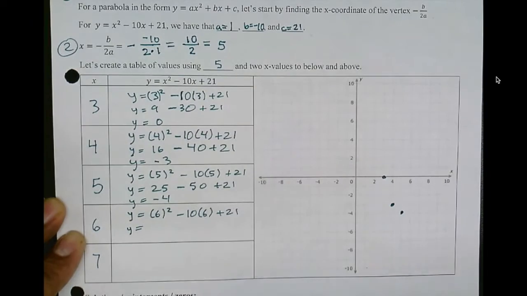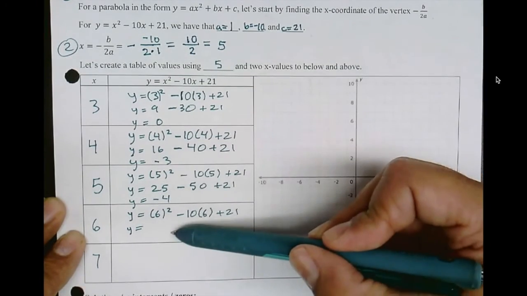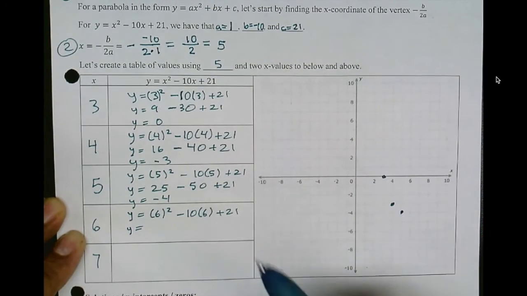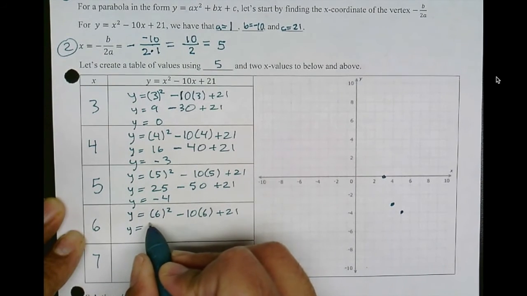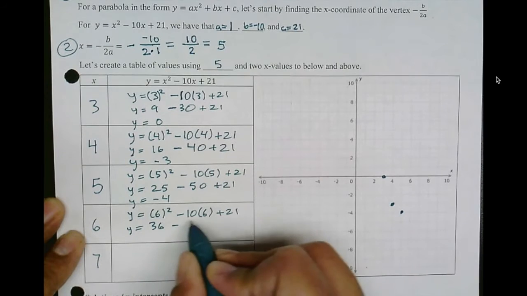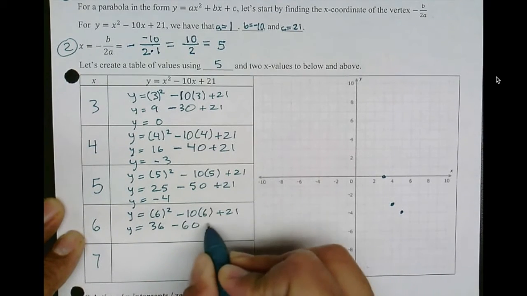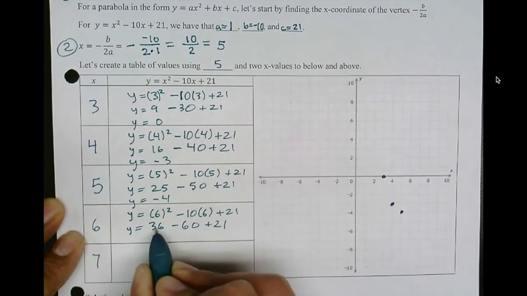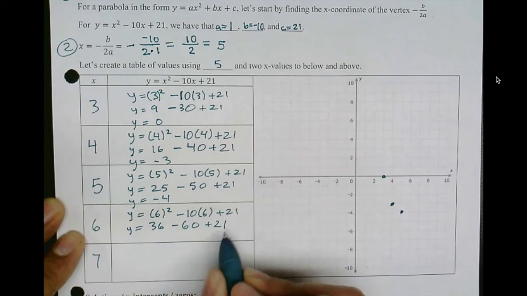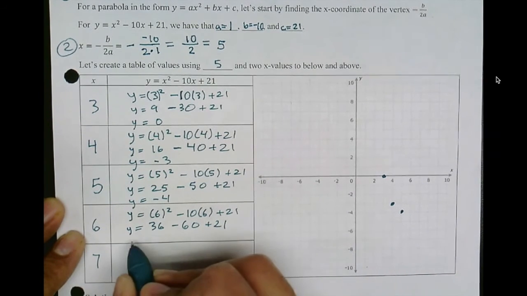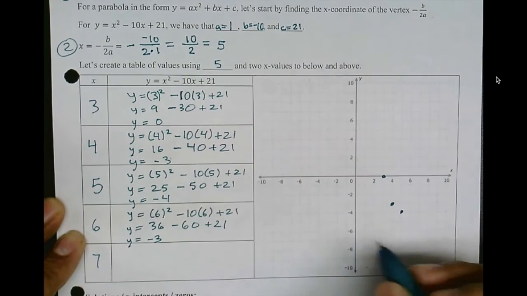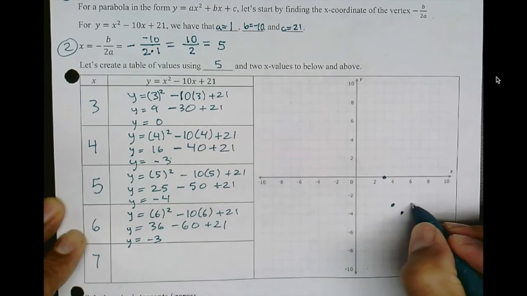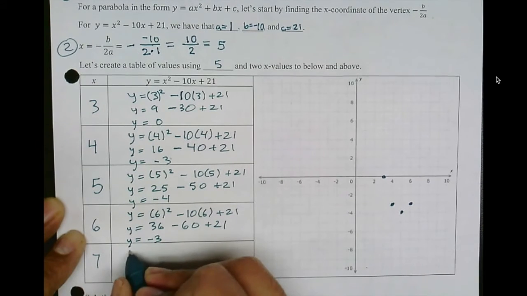A good way of checking your work is this answer should be the same as this one, and this one should be the same as this one, assuming this is actually your vertex. So 6 to the power of 2 is 36. 10 times 6, 60, plus 21. Again, I combine my positives, 36 plus 21, that is 57. 57 minus 60, negative 3, as we should have got. So 6, negative 3.